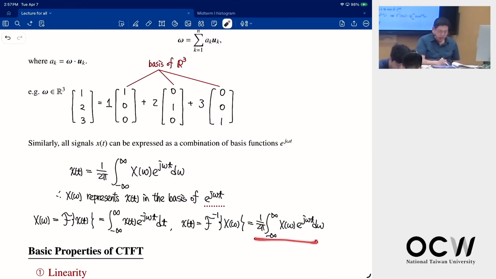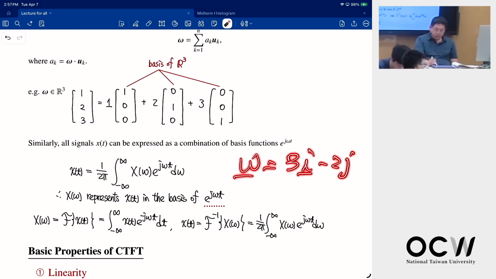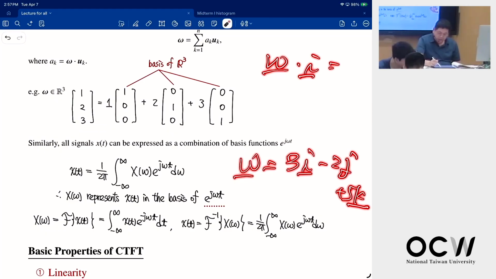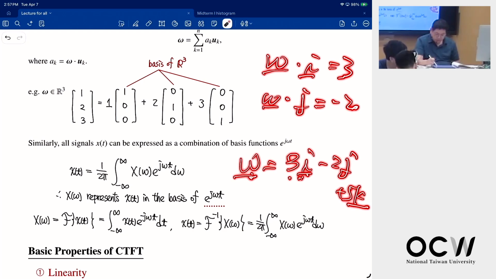These are the same concept, just like omega equals 3i minus 2j plus 5k. Omega in the product with i, we get 3. Omega in the product with j, we get minus 2. And then to get omega, it's the combination of your coefficients times the basis.